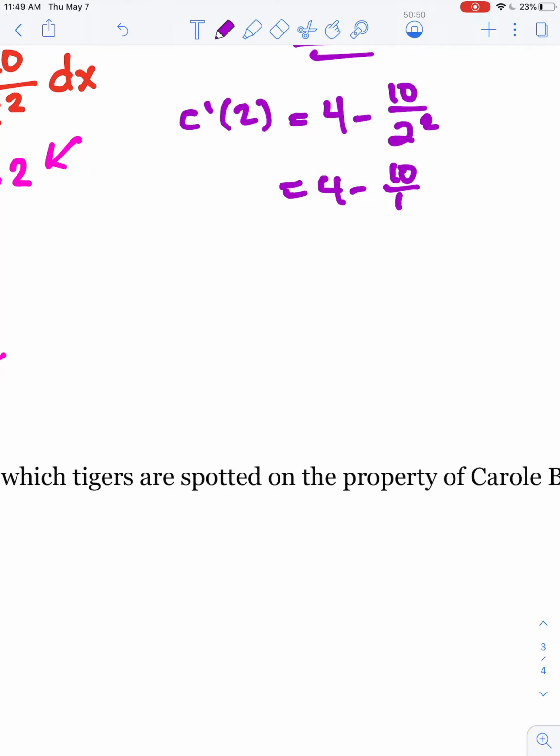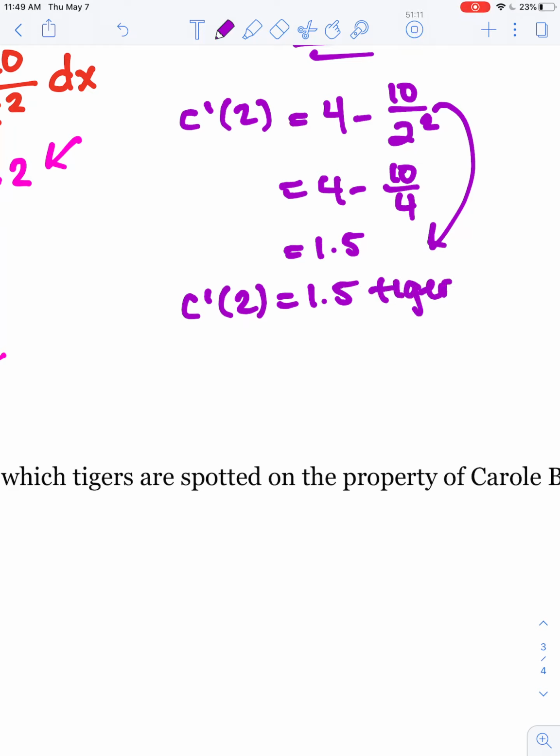You'll have a calculator on the AP exam though, so you could just go from 4 minus 10 over 2 squared to 1.5. Okay, so what this is telling us is that c prime of 2 is equal to 1.5 tigers per month.